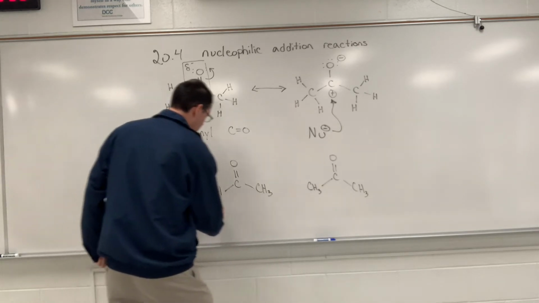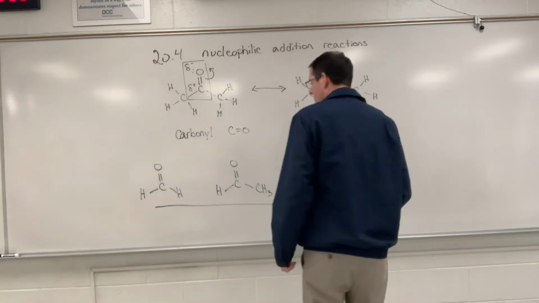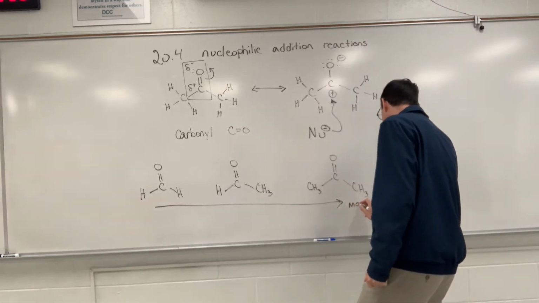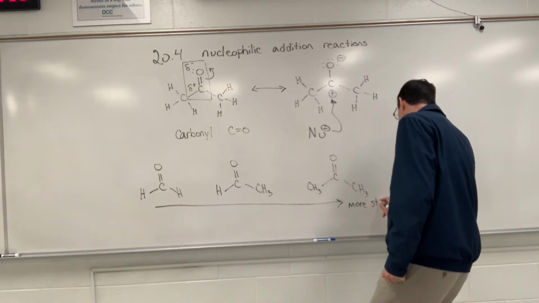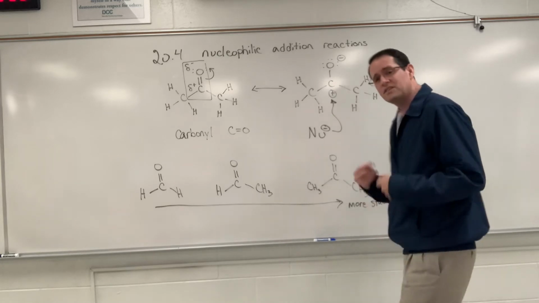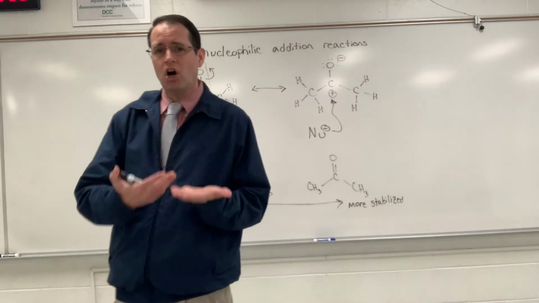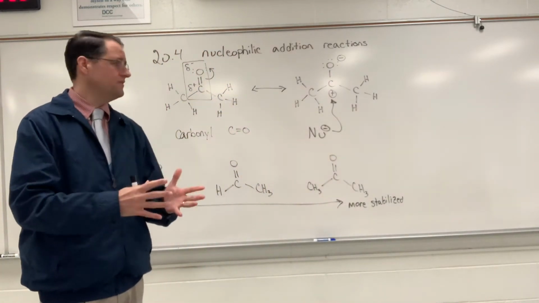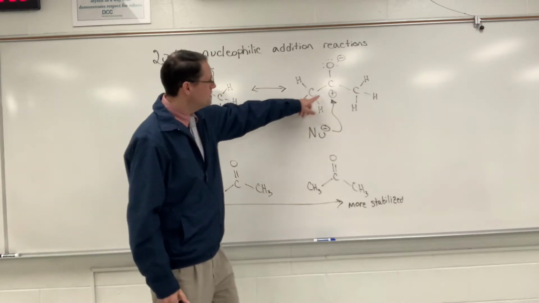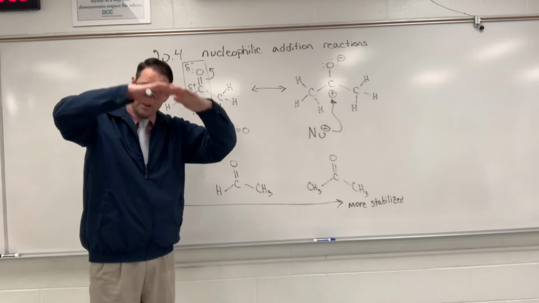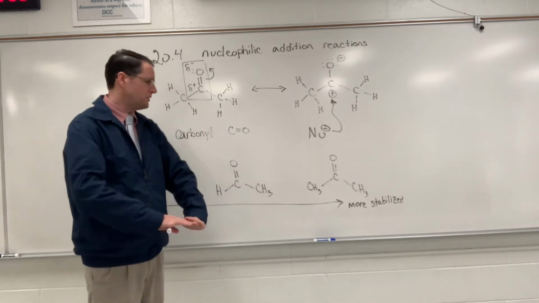So if we go this way, all right? It's more resonance stabilized, okay? The rationale there is that if you have more carbons attached to a carbocation, that's going to stabilize the positive charge. So if we have more carbons attached to the carbonyl carbon, it's going to stabilize it, okay? More stable means lower in energy, less reactive.